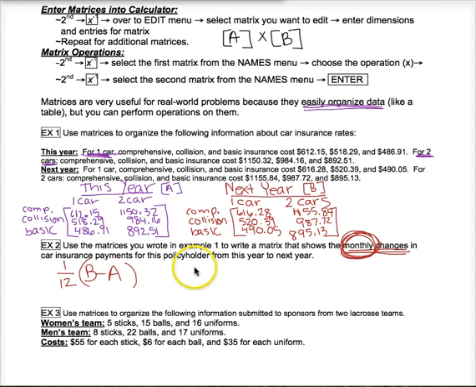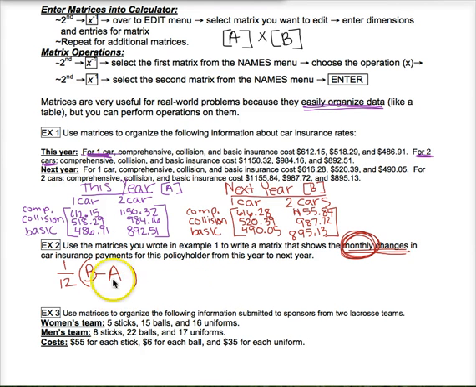This is not hard math. All of you can subtract and multiply by 1/12. But it's far easier to enter these two simple matrices and then press this into your calculator than it is to individually subtract each corresponding entry, divide each corresponding entry by 12, and record your answer. So that's the reason we like matrices, is because it saves us time.